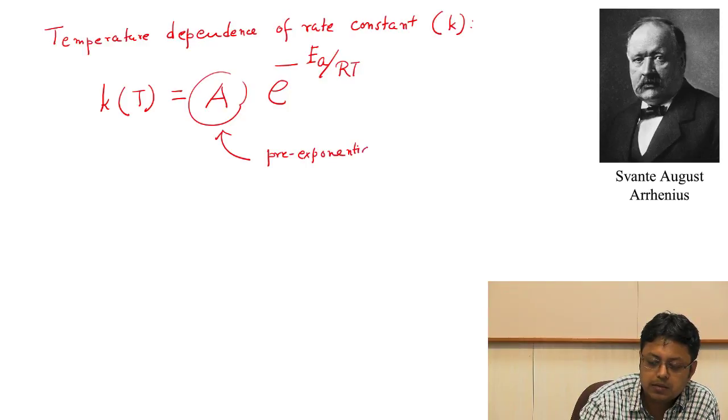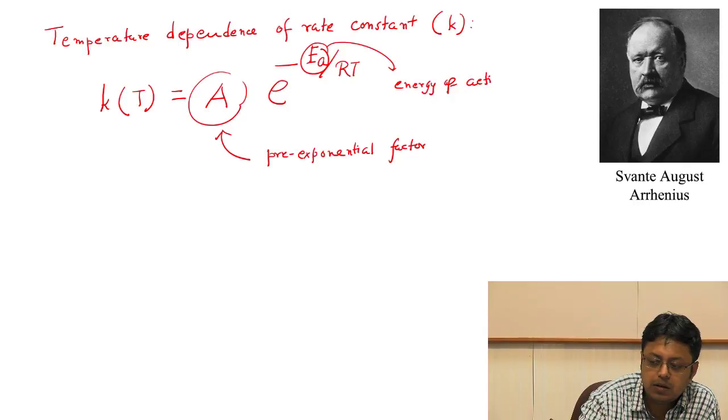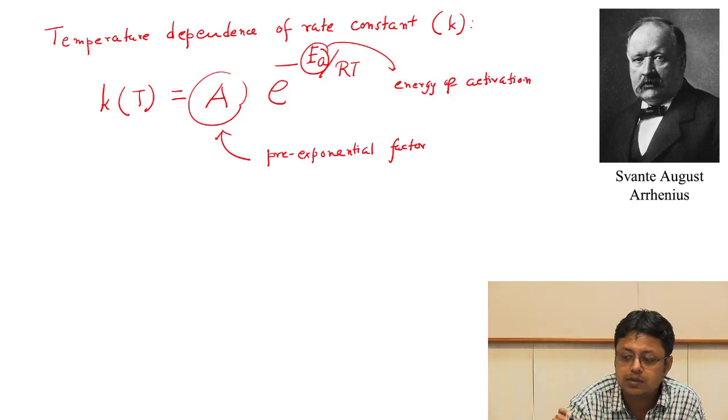And then there is some kind of energy that he called the energy of activation, which we sometimes call activation energy, but it is not perfectly correct to call it that, because activation energy is something different. It has a statistical interpretation, but we'll just call it activation energy.